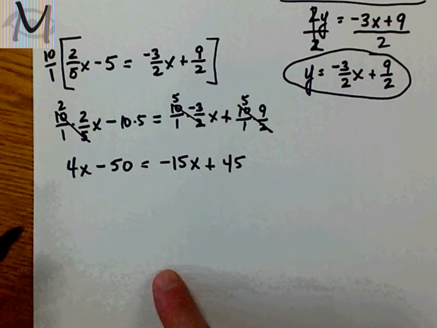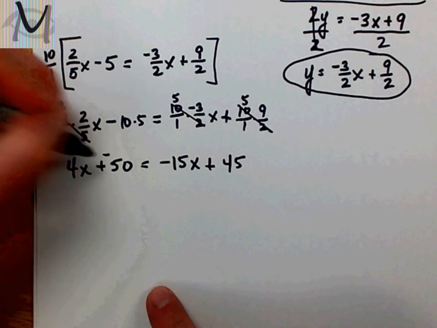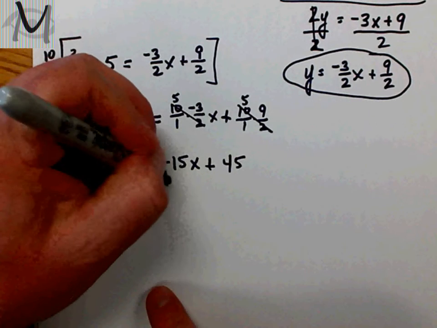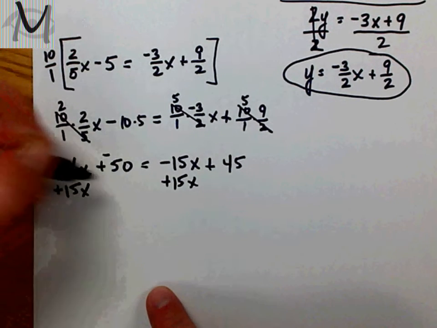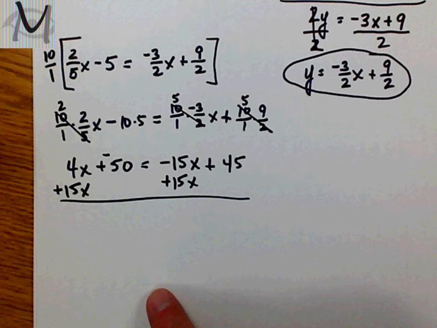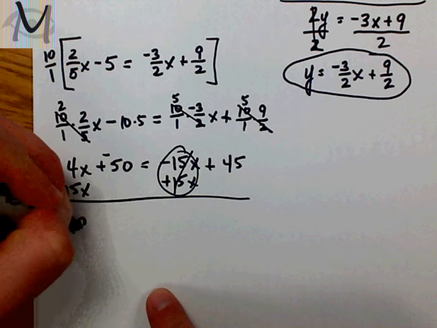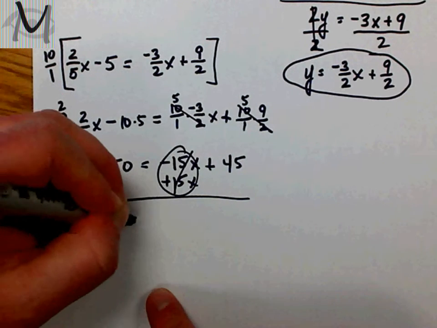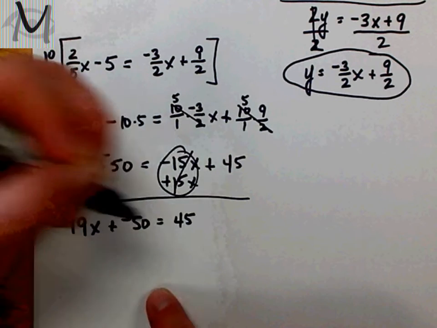Okay, next, let's get the variables all to one side. So I'm going to add 15x to the right, which means I have to add 15x to the left. I created that zero pair, which gives me 19x plus negative 50 equals 45.